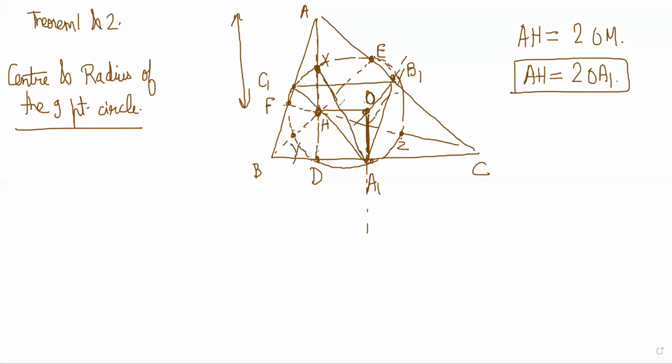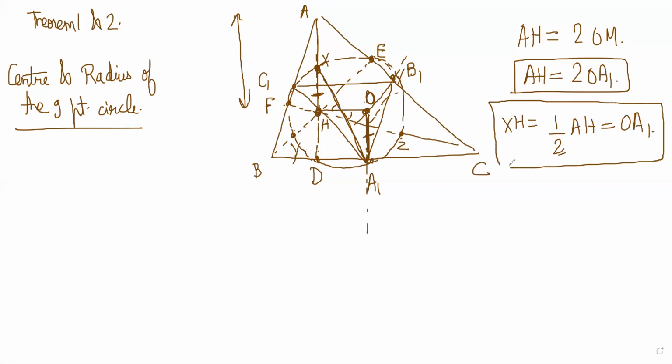if we join it like this, then we get a congruent triangle. This triangle and this triangle will be congruent because they are already similar, because this is parallel and the angles are vertically opposite. And we have that XH is equal to half of AH, which is equal to OA1.